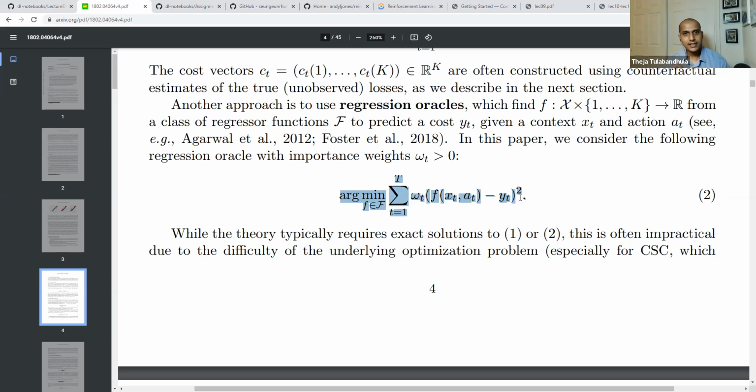But extra care needs to be taken because the dataset is not a supervised learning dataset. The data that you're collecting depends on the actions that you took, and the actions that you took depend on the previous data. So the data is not independent or identically distributed. It could be identically distributed, but it's not independent.